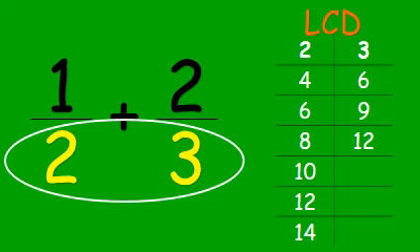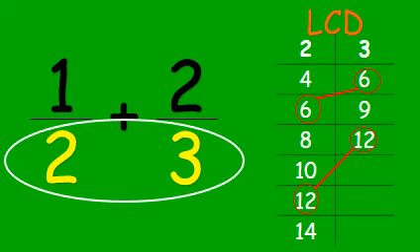Are there any multiples that are common in the 2 column and in the 3 column? Did you say 6 and 12? Well, that is correct. There are 2 sets of multiples that are common.